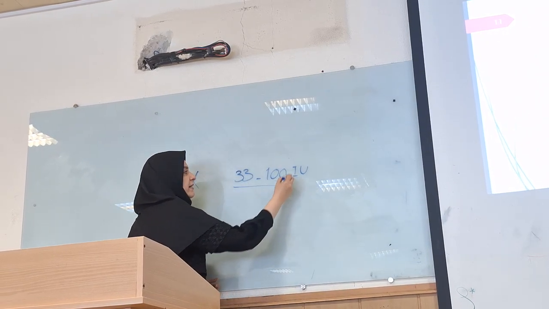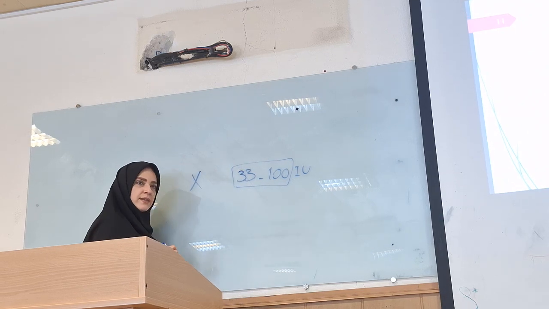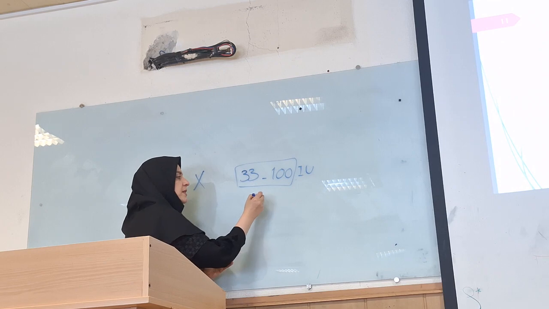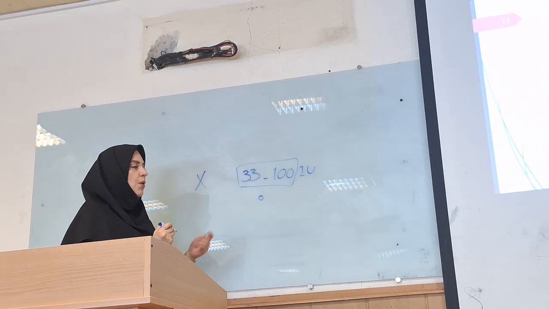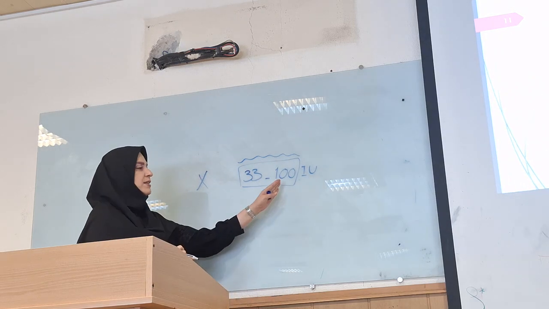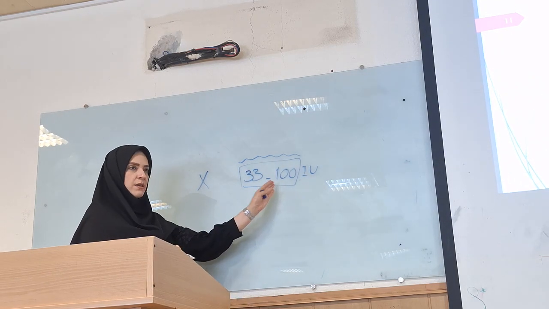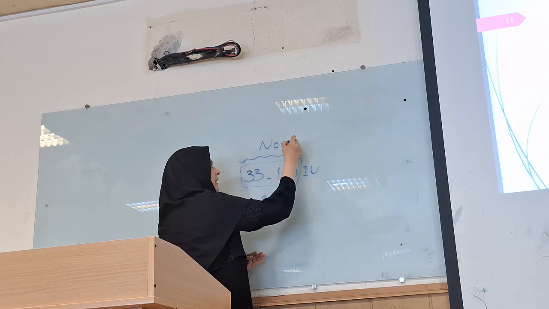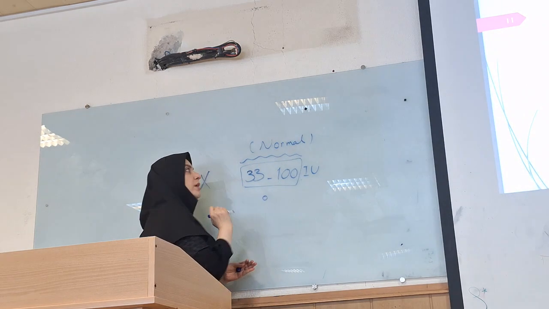As you can see here, the reference interval or normal range does not start from 0. Why? This distribution and activity of the enzyme in the serum is considered normal. It is not related to any pathological situation.